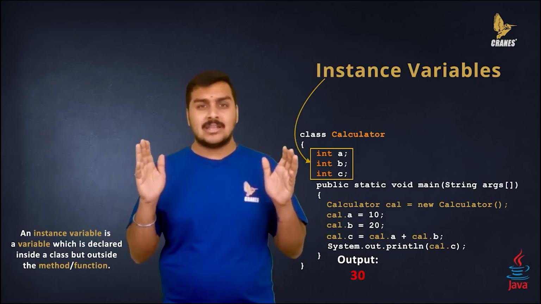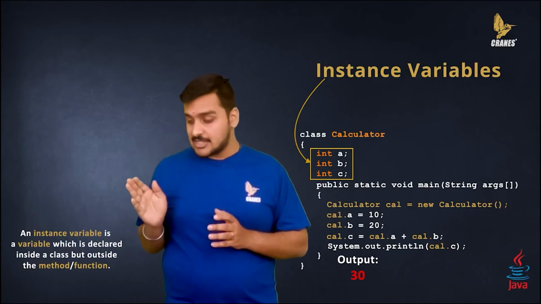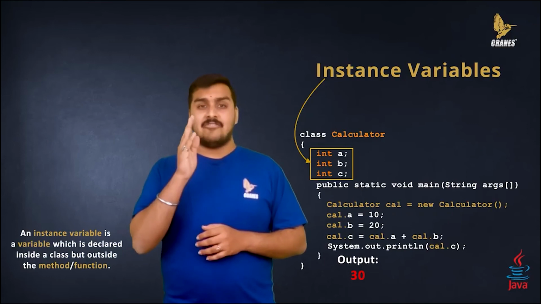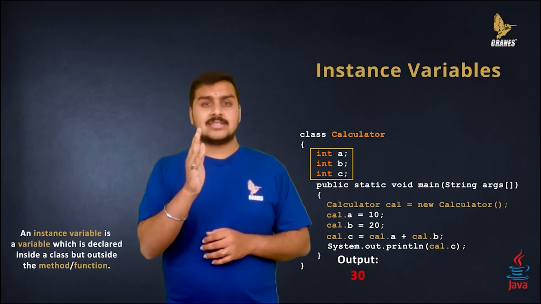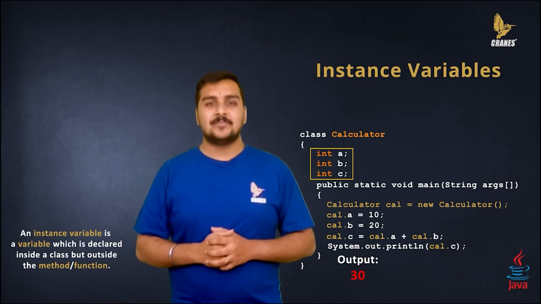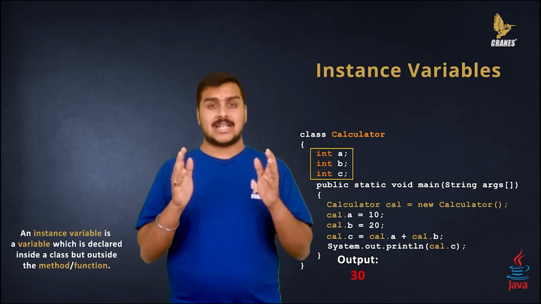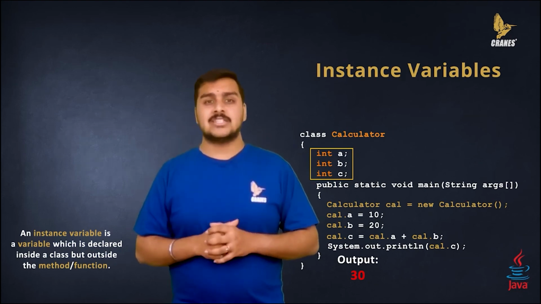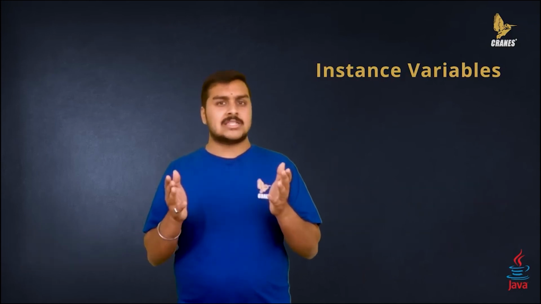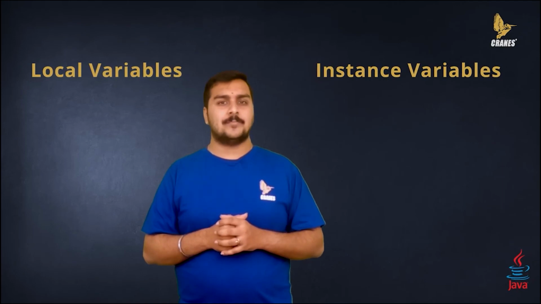I hope I'm completely clear with this. So the definition of instance variable: a variable that is present inside the class is what we call an instance variable. I hope you have got clarity on what an instance variable is all about. Now, what is the difference between instance variable and local variable?